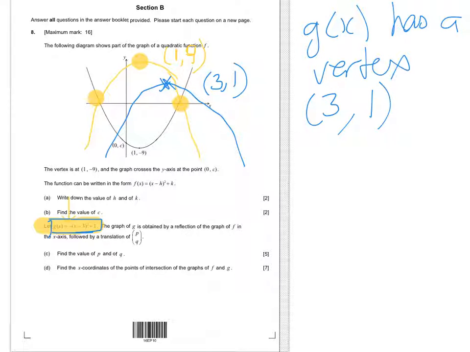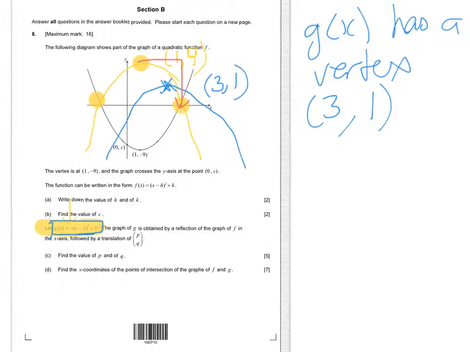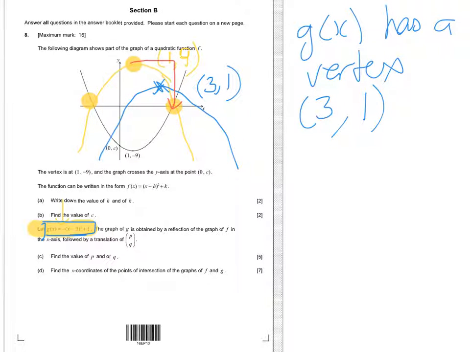So the question is, how do I translate the yellow curve, which is f, well, it's negative f, how do I translate the curve negative f into the blue one, which is g?